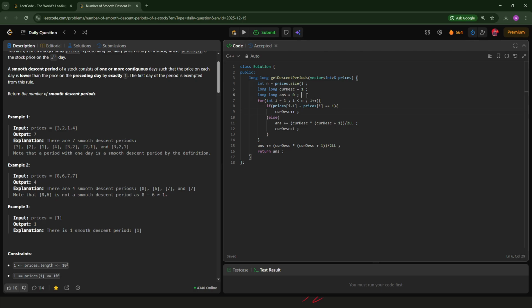We start from 4, right? Our current descent was 1, so now it will become 2. Here it will go 3, 4, and 5. This statement will never be executed. So once it comes out, we need to calculate the current descent and add it to the answer. If we don't add this, the answer for this test case will be 0, but it should be 15. So for that to happen, we execute this statement.